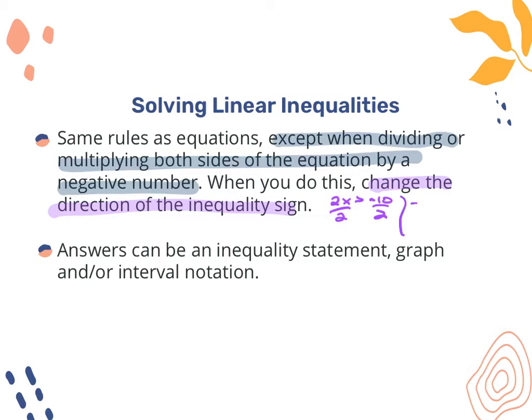But if I have negative 2x greater than 10 and I divide by negative 2, now my sign changes direction. So if I'm dividing by a positive, it's fine, even if the one I'm dividing into is negative. But if I divide or multiply by a negative on both sides, then I have to flip the sign.